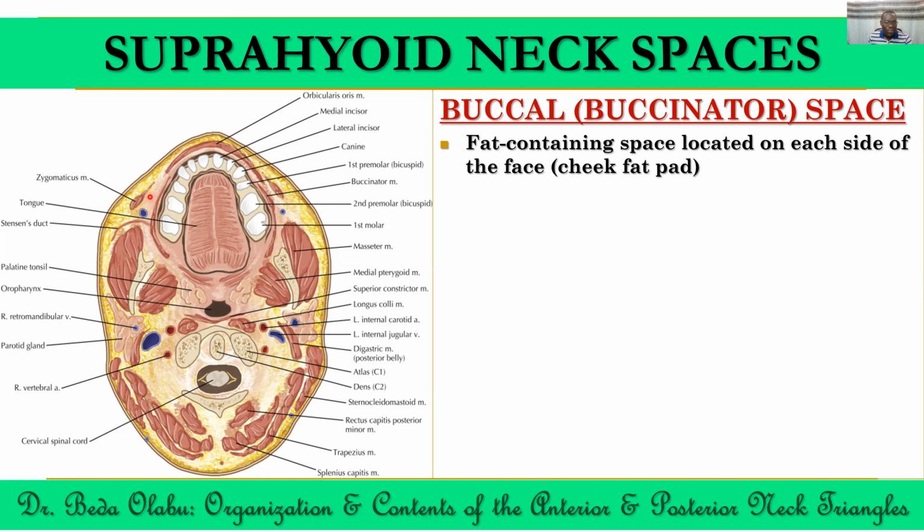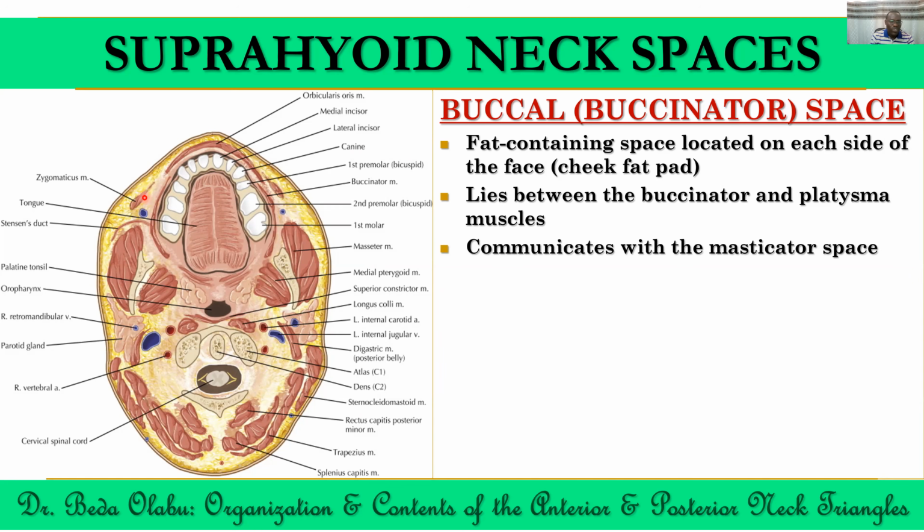Distinguish that from the masticator space. The buccal space lies between the muscle buccinator, which is this one, a muscle of the second pharyngeal arch origin, and a platysma muscle. Platysma muscle in the subcutaneous tissues of the face, somewhere here. So this is the buccinator space.